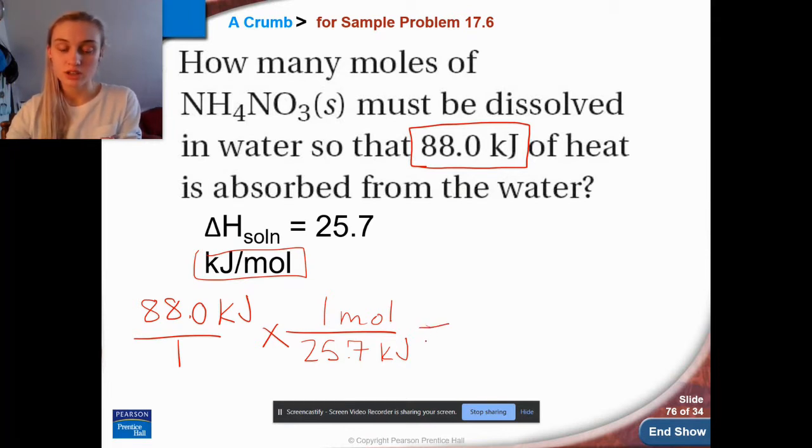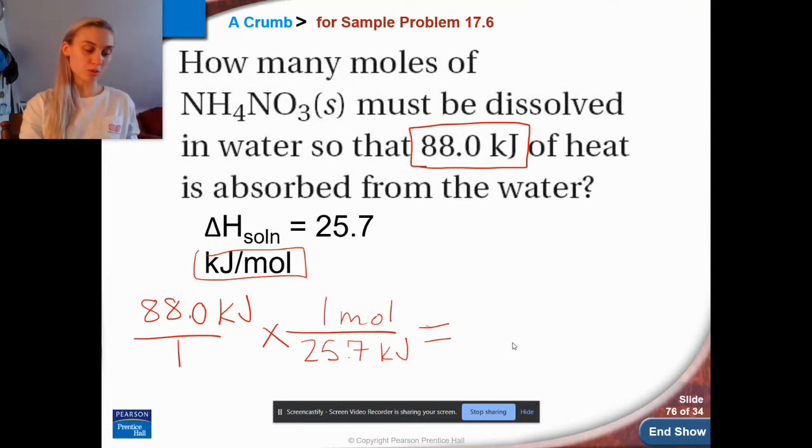So now this is just another kind of easy problem. If you want to, you can multiply across the top, and that'd be 88.0 times 1, so you get 88.0 on top. And if you multiply across the bottom, it'd be 1 times 25.7, which is just 25.7 on the bottom. Or you can just divide them, because since you're multiplying the top and the bottom by 1, it's just going to be that number, right?